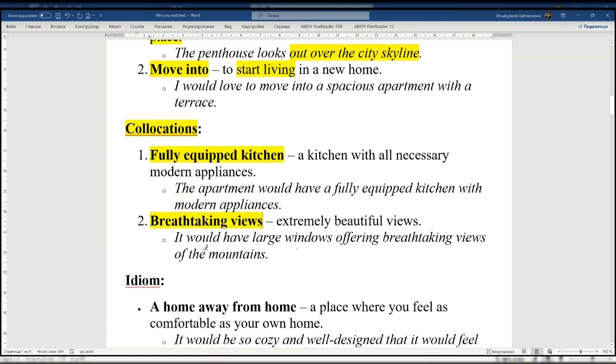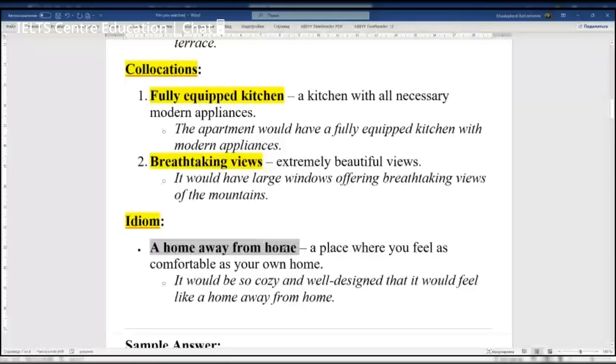So what does it mean? A home away from home means a place where you feel as comfortable as in your own home. Actually, it's not your home. However, you can feel as comfortable as in your home.